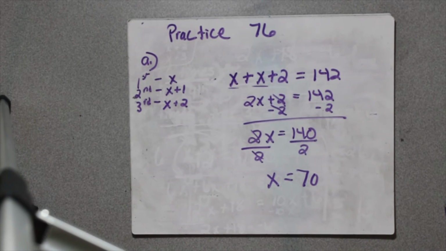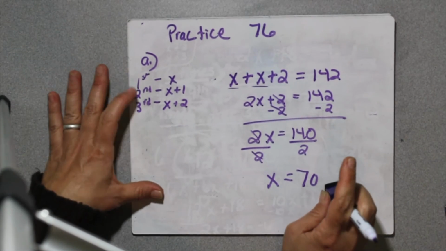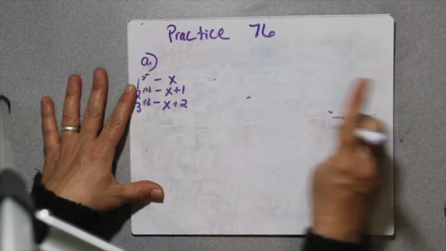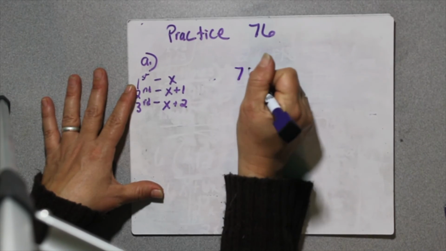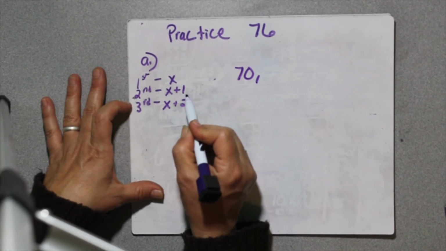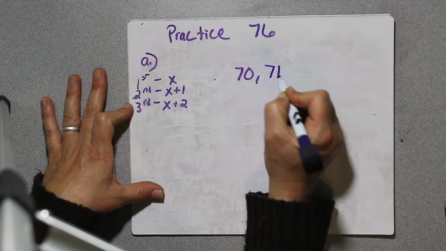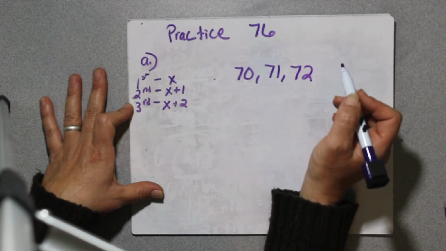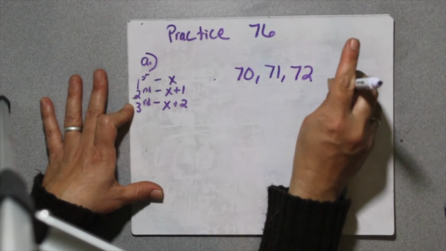Double check that. Okay, that's not our answer. That just tells us what x is. So if x equals 70, that's our first integer. Now we need x plus 1, so 71, and then we need x plus 2, so 72. So 70, 71, 72. That's the answer to A.